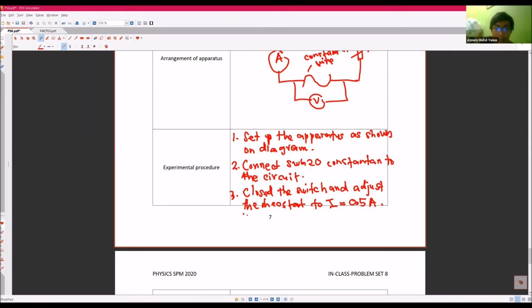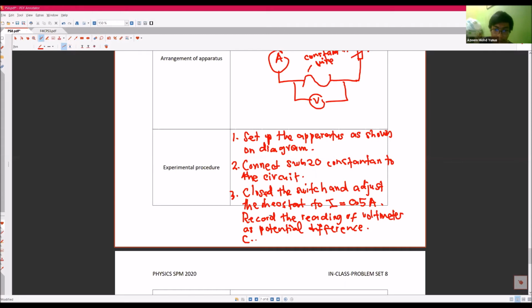And then we can start to record the reading of voltmeter as potential difference, or record the potential difference by using voltmeter, also correct. But this is not the responding variable exactly. The responding variable is actually resistance. So we have to calculate it manually.